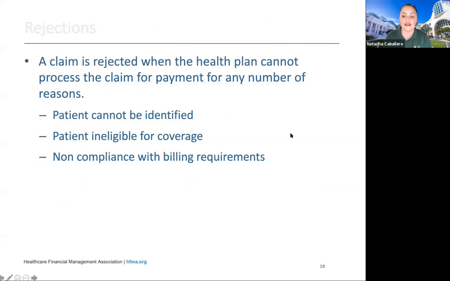The first thing a health plan does when processing a claim is to check to see if the patient is covered. They are going to look at the claim data to ensure that the date of service is within the dates and all data on the claim matches what is on file, like the name and the date of birth. For example, Medicare will reject a claim if the patient's name and MBI number do not match the common working file, or CWF.